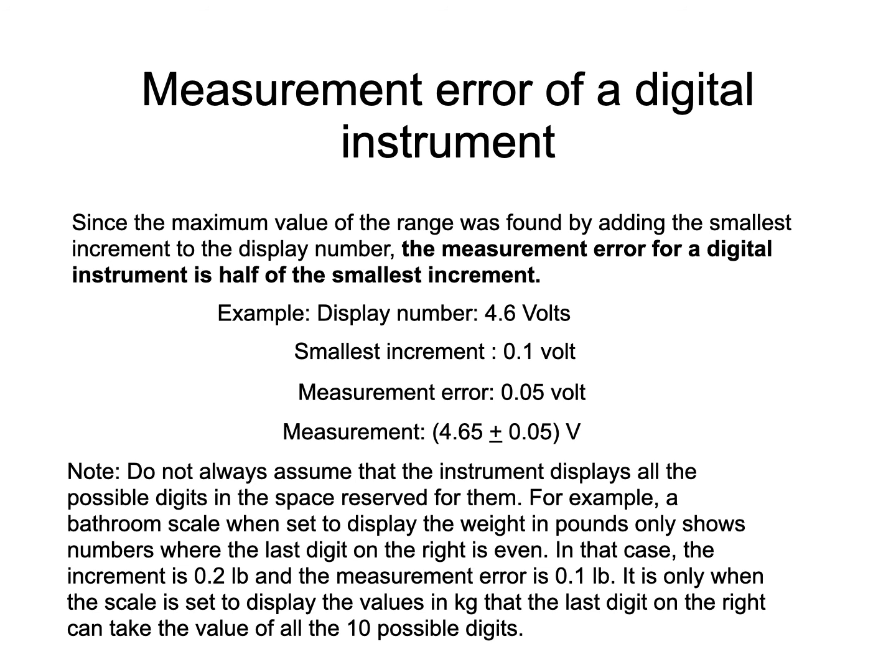But a bathroom scale set to display the weight in pounds might only show even last digits, in which case a displayed weight of 145.6 pounds would have a measurement error of 0.1 pound, half of the smallest increment of 0.2 pounds. The same bathroom scale set to measure in kilogram instead might be able to display all 10 possible digits for its final digit and have an error of 0.05 kilogram.